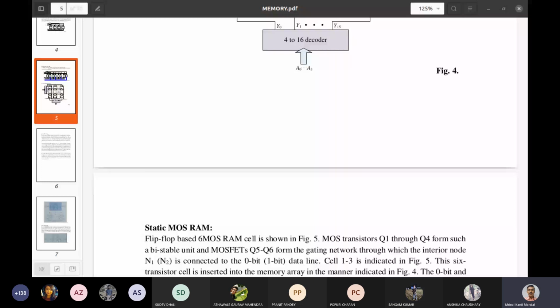Actually, RAM is random access, so you can access any location with the same time interval. And in the case of ROM, it is being used for cache memory.